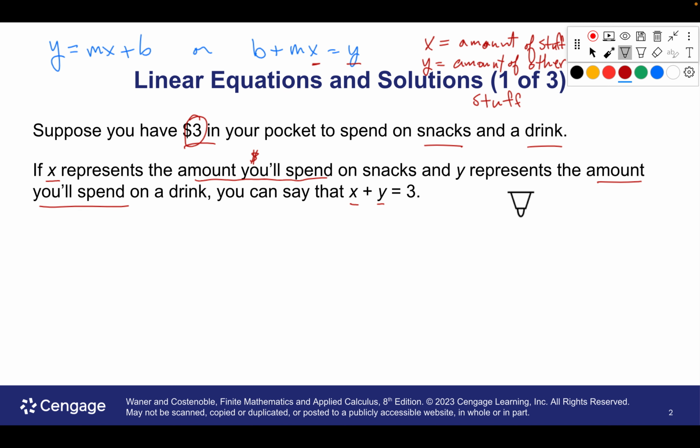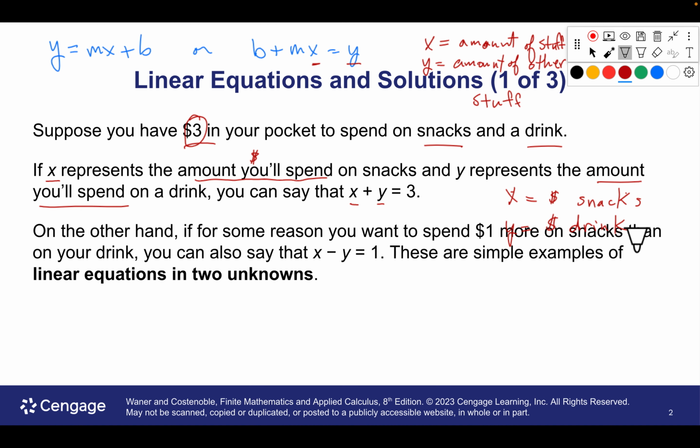We can't spend all our money, right? So typically we want to define our variables: x is the dollars on snacks, and y is the dollars on the drink. And so this is oftentimes helpful when we go through solving questions.